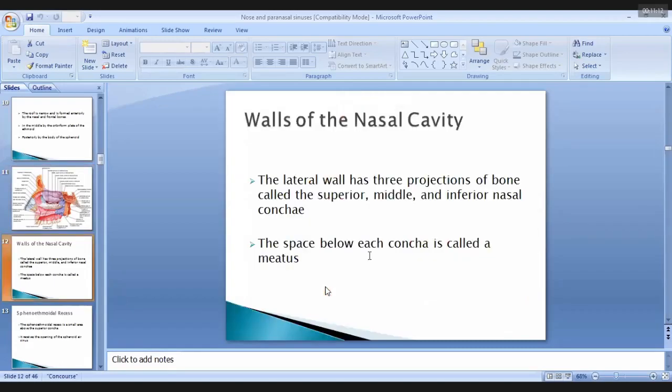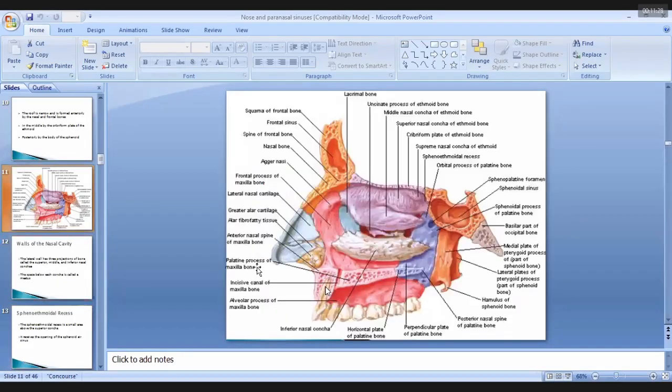Below each concha, or below each projection, there is a space, and this space is known as meatus. So like three projections, there are three spaces known as superior meatus, middle meatus, and inferior meatus. Below the superior concha is the superior meatus.